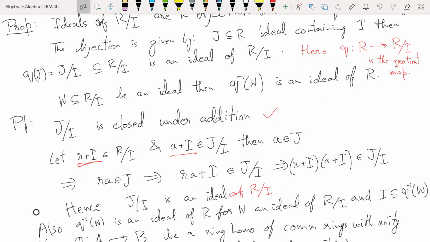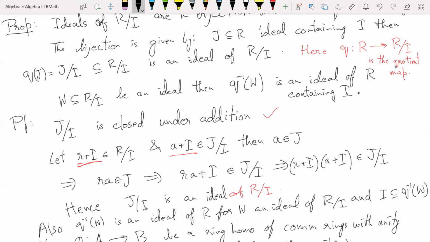So maybe I should add it in the statement as well. And then Q inverse W is an ideal of R containing I.